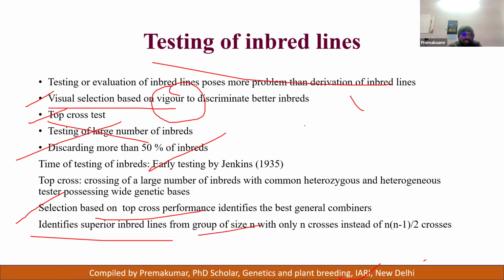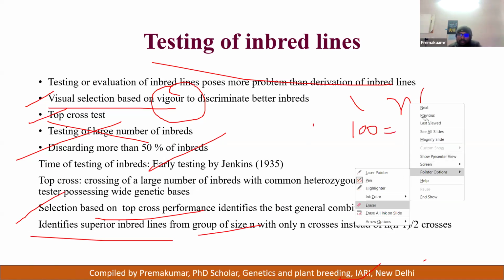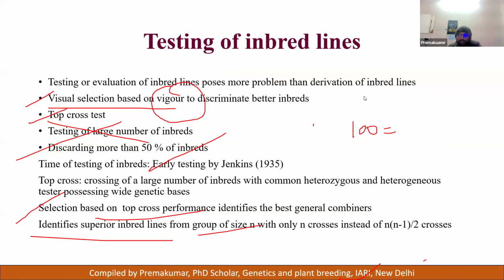Then what exactly will top cross do? Normally, if you have 100 inbreds, how many possible crosses will you get? 100 into 99 divided by 2. There are several thousands of crosses you would need to evaluate. Practically, it is impossible.